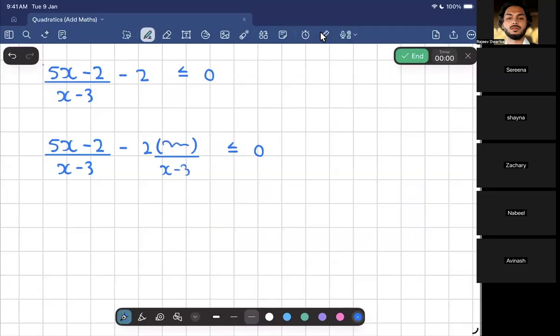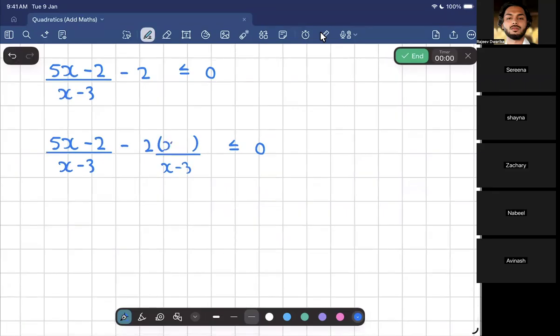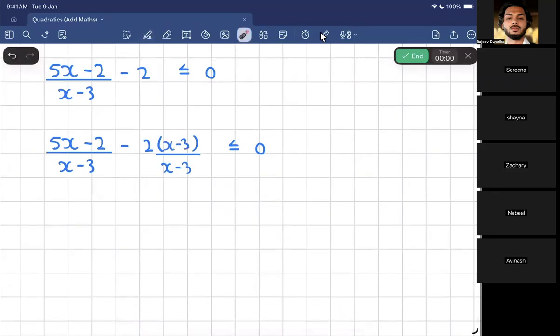What should I put on top here? This is about x minus 3. Right. Because x minus 3 over x minus 3 is actually what? 1. And 2 by 1 is 2, right?